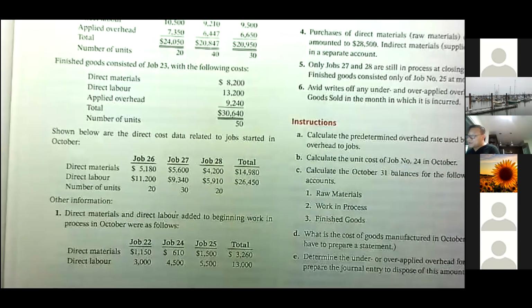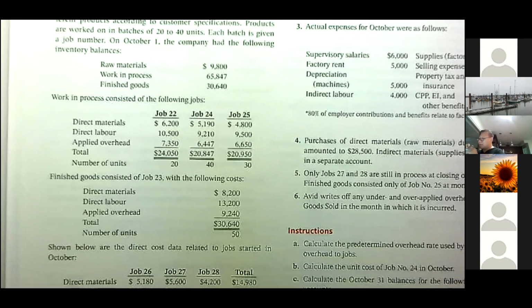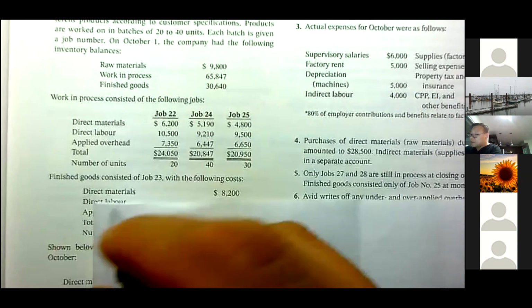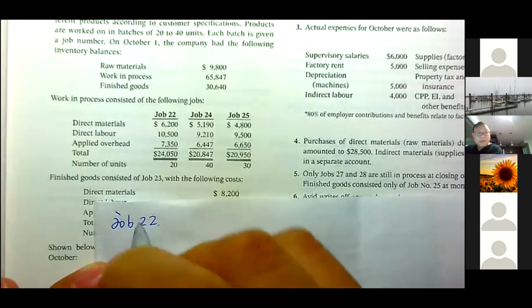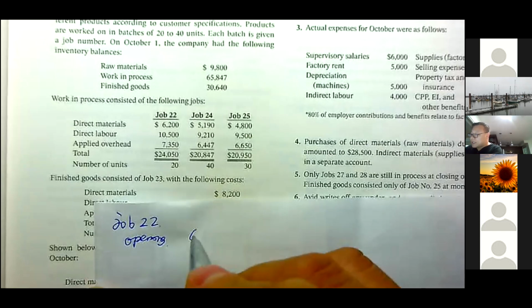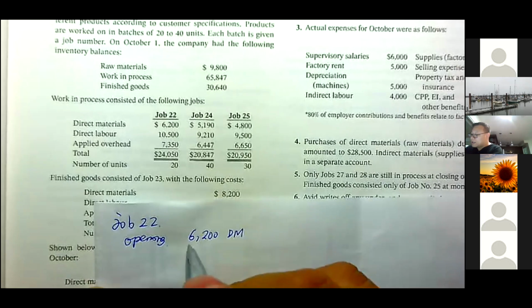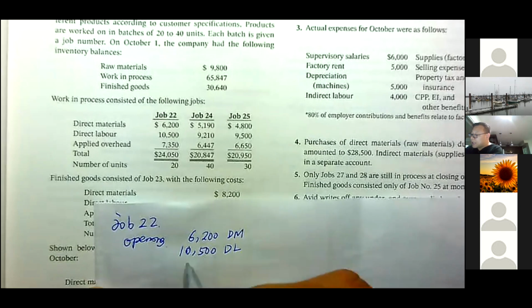Then my job 22. Here I have an opening balance: 6,200 direct material, 10,500 direct labor, and applied overhead.